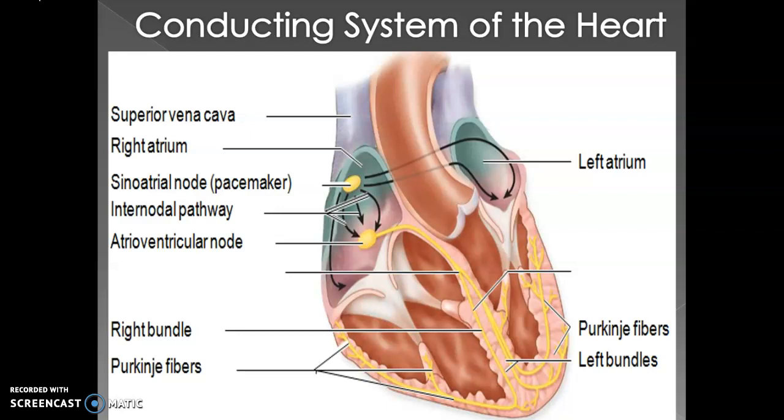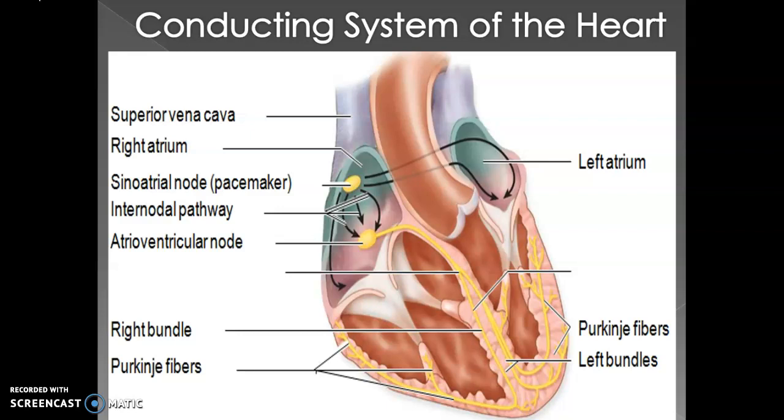The action potential hits the fibrous skeleton and 90% of the action potential dies down. However, the AV node, which is shown by another yellow globular structure, holds the impulse for about 0.1 to 0.2 seconds and then lets the impulse flow towards the ventricles via the AV bundle.